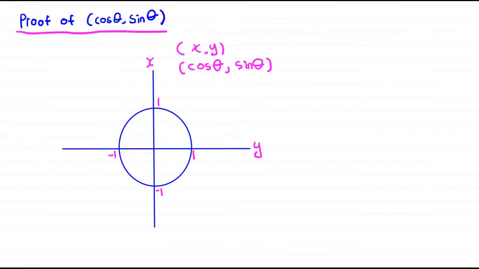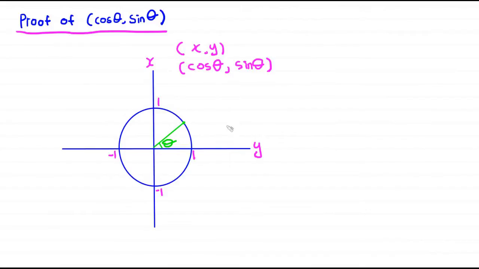If there is a point right over here in the first quadrant of the unit circle, and the unit circle is the circle which has a radius of one, and if we make a straight line between this point and the coordinate (0, 0), we call this angle theta.